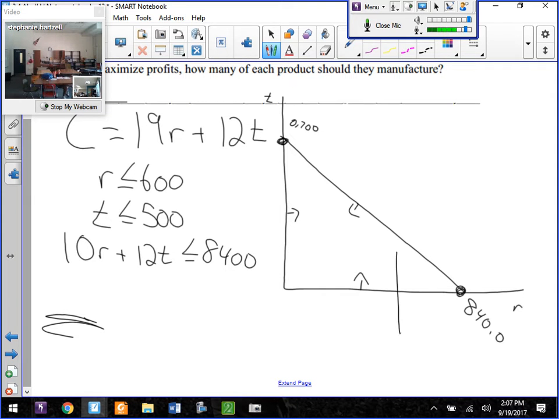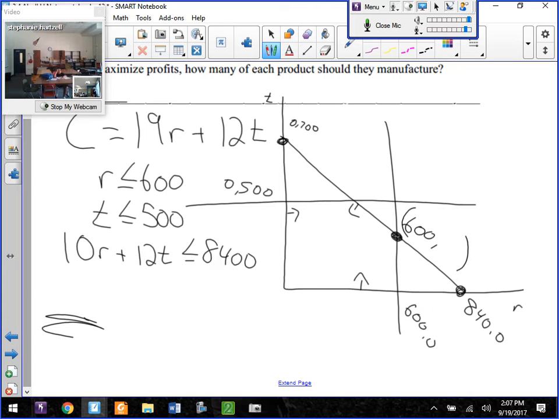Vertical line 600, which means this X value for that is going to be 600. And then I have a horizontal line at 500, which means this will be at something, comma, 500. They're both moving in.